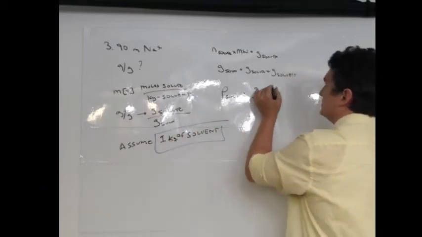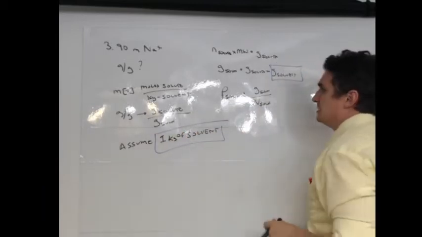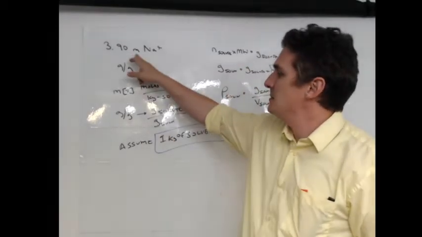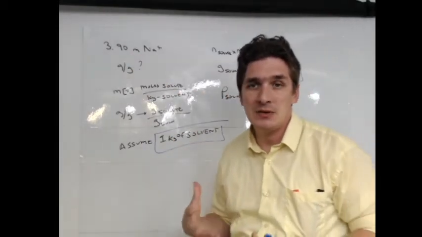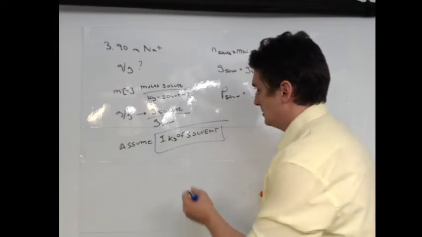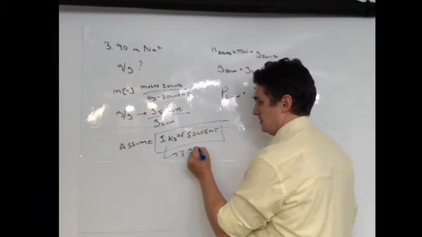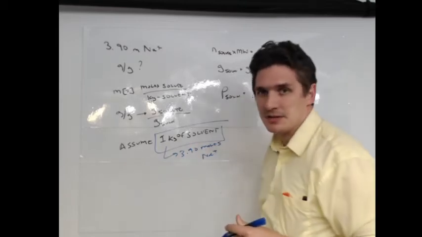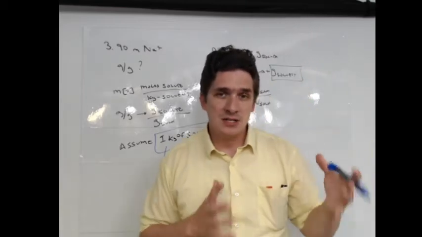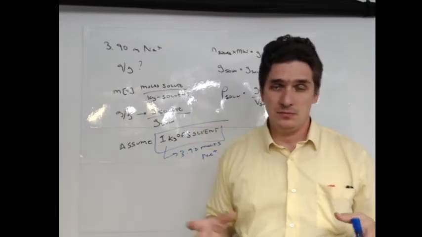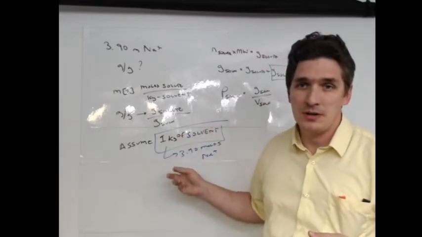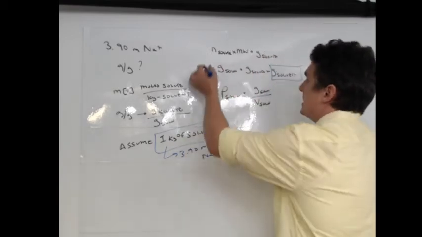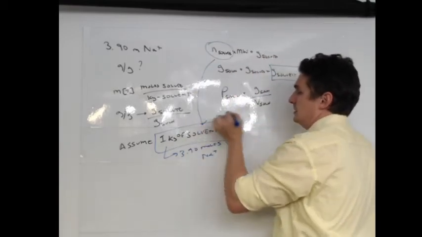This number is here. Because we have 1 kilogram of solvent, if we multiply the molality by this 1 kilogram, that would give us 3.9 moles of Na+. So based off our assumption, we have 3.90 moles of sodium. So that gives us that number there.